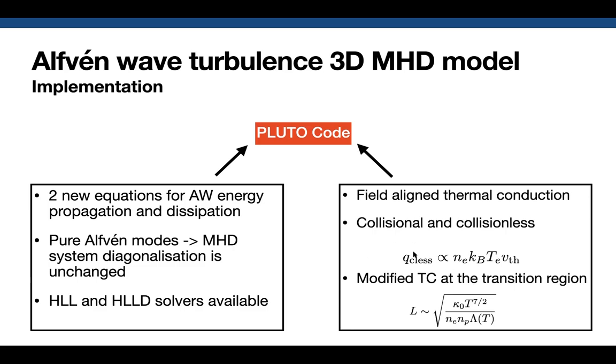What we have also added is a special way of treating the thermal conduction, with a collisional term first, low in the atmosphere, and a collisionless term. Essentially, there's a transition occurring at around 5 solar radii, and we go from a classic Spitzer-Harm collisional thermal conduction to a collisionless one, which is proportional to the temperature and the thermal velocity of the particles.